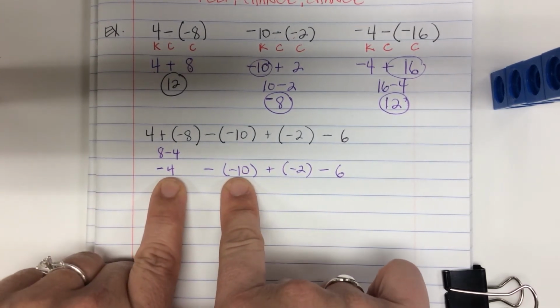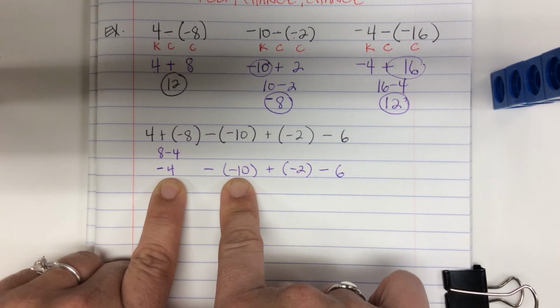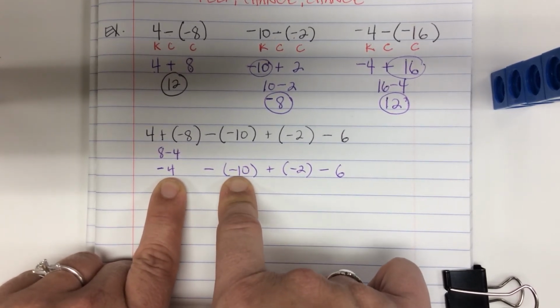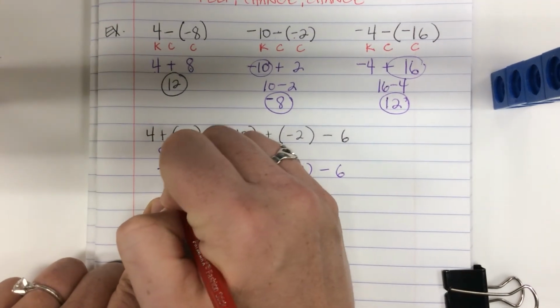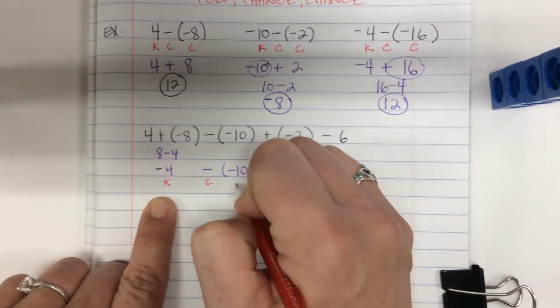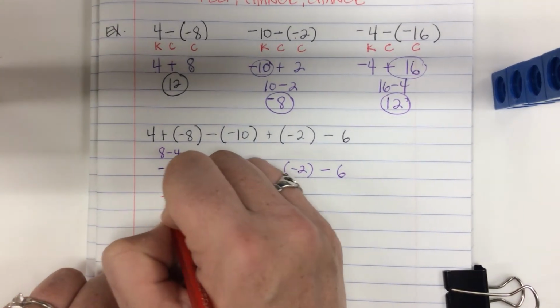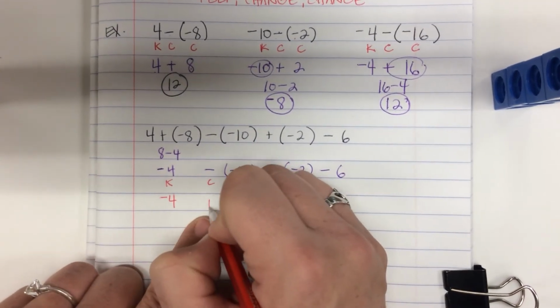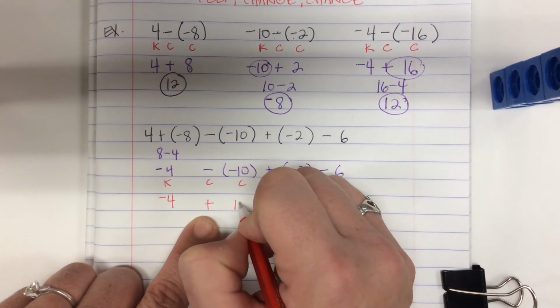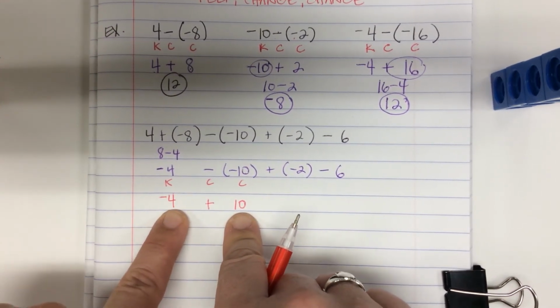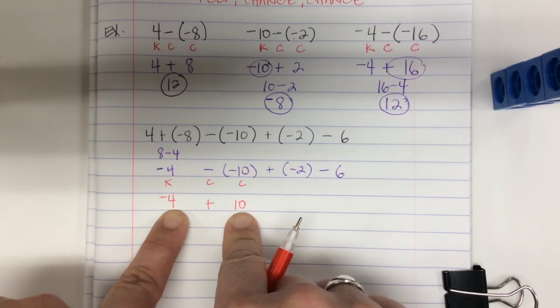Now I move on. Is this addition or subtraction? Subtraction, that's what we learned today. Keep, change, change. Negative 4 plus 10. Are the signs the same or are they different?